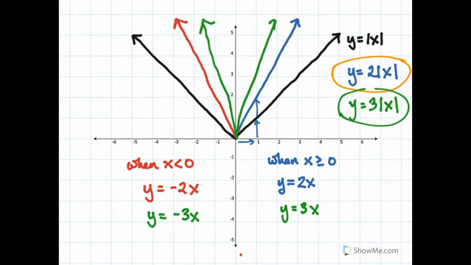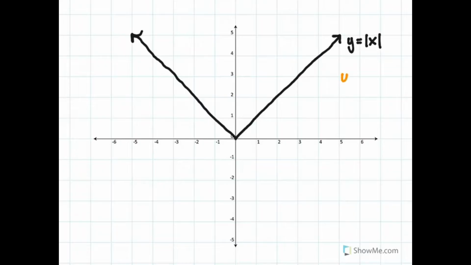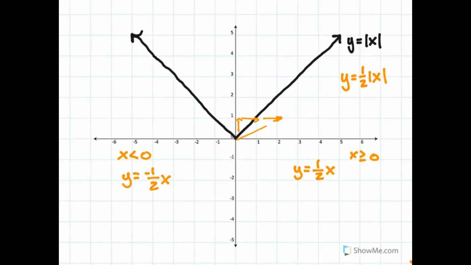So the multiplier affects the steepness of the graph. It's just the slope like it was in a line, and the V gets narrower and narrower as the number increases. If I compare the graph of y equals 1/2 the absolute value of x to the original graph y equals the absolute value of x, I have a graph that has the slope of 1/2 and the slope of negative 1/2.